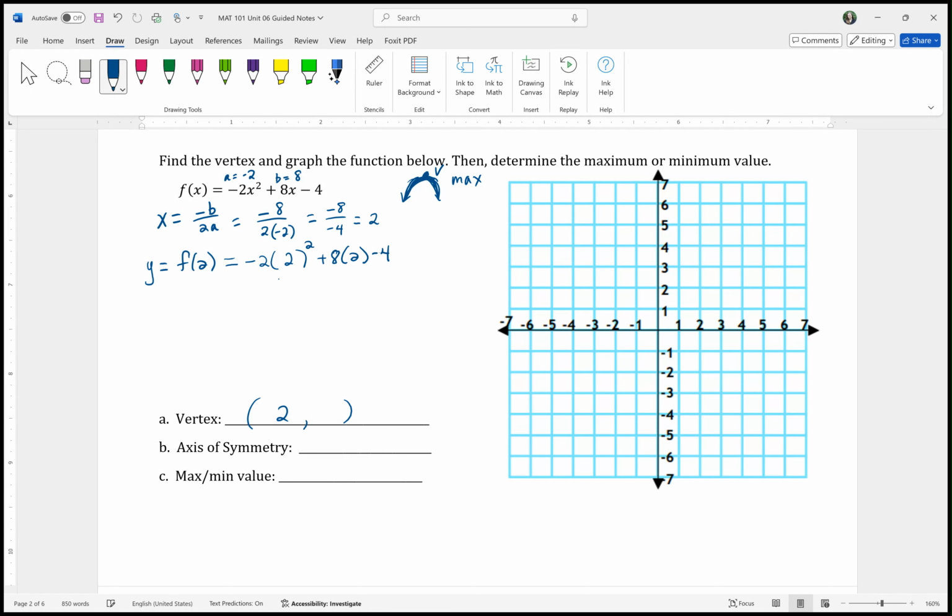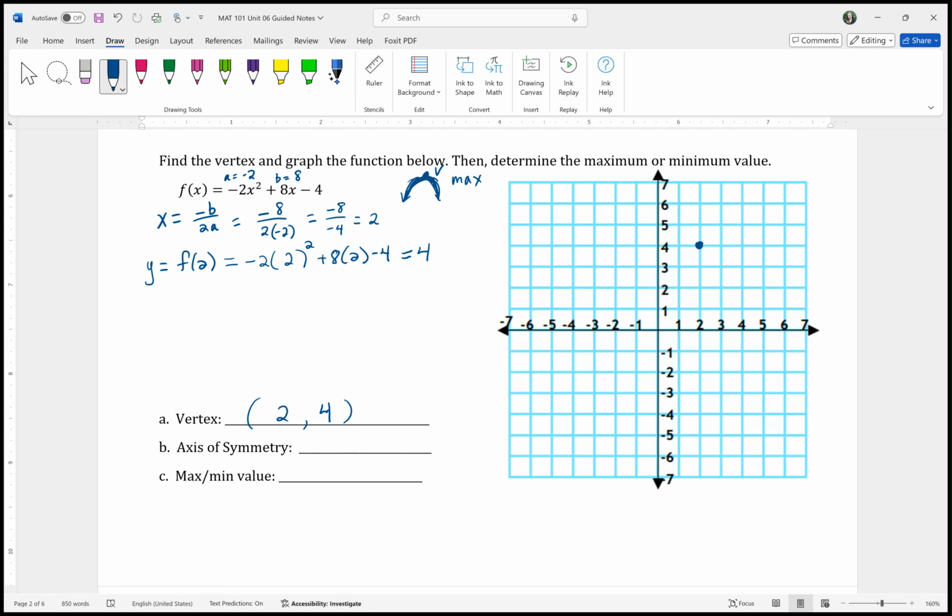So be careful putting this into the calculator. This is going to be -2 times 4 plus 16 minus 4, and that gives me 4. Okay? All right, so that's my y value is 4. So let's graph that next. 2, 4.